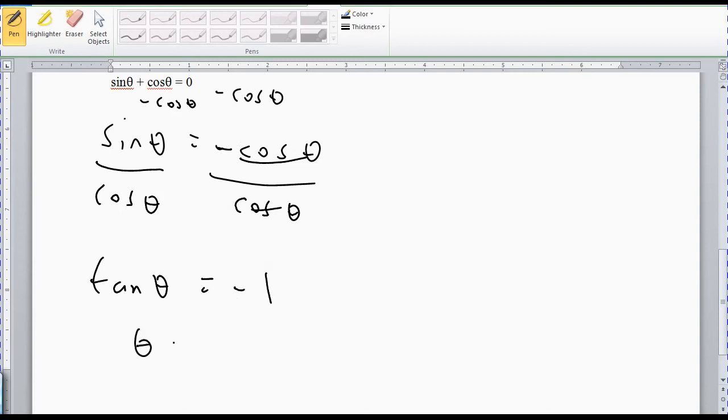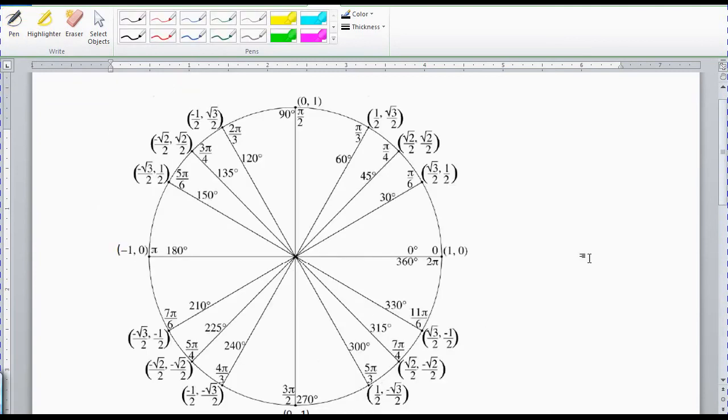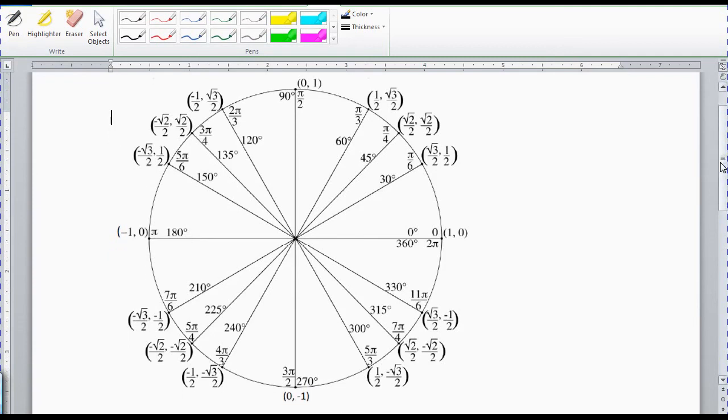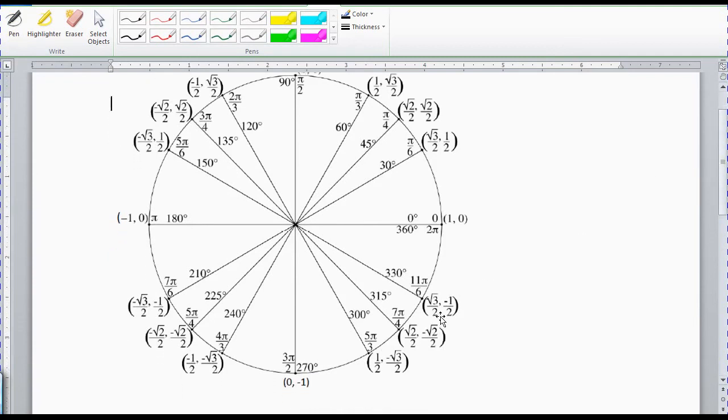So now we're thinking, where does tangent theta equal negative 1? Well, if you look at our unit circle, we know that tangent is y over x. So anytime we have the same thing divided by itself, we have a 1.